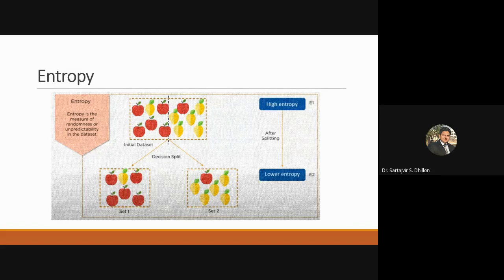Yes, entropy is a measure of randomness, as we have already covered. Here you can see that there is an example, and it is further separated into two parts. This one is set one, and this one is set two.